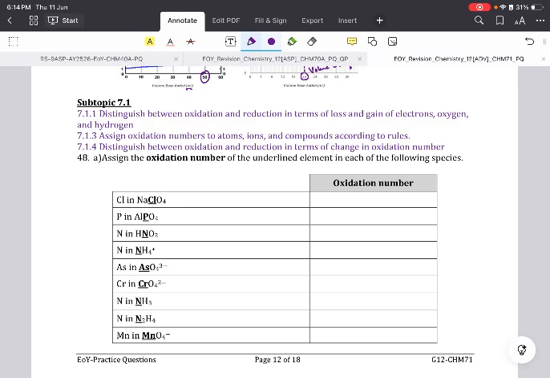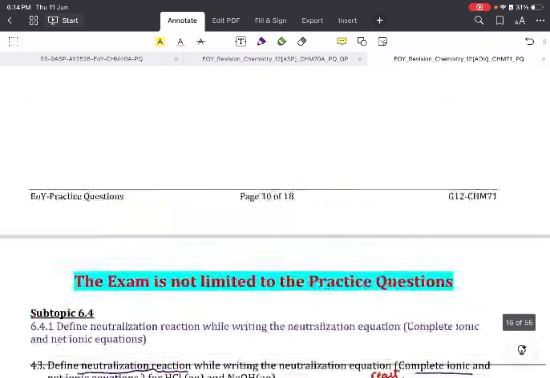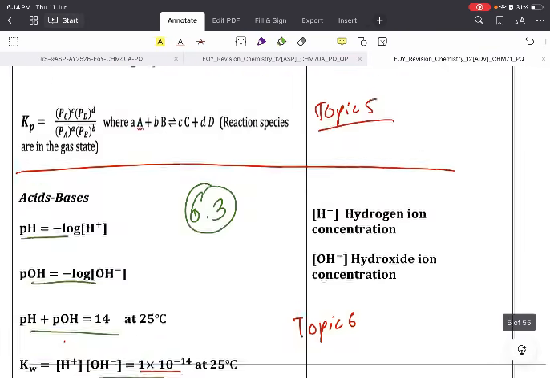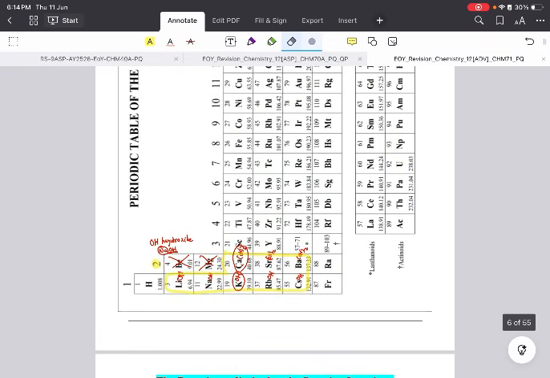Moving on to questions of subtopic 7.1. This is the topic where you are going to need or use the periodic table that you have over here. Now, for the questions of assigning oxidation number, you're gonna need the periodic table. Now, I'm just gonna explain to you a few tips about the periodic table.